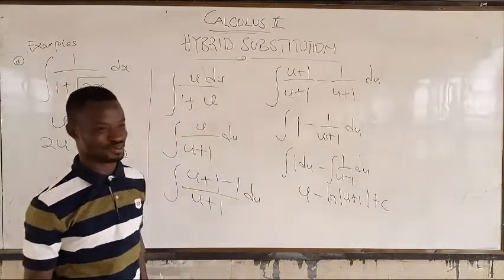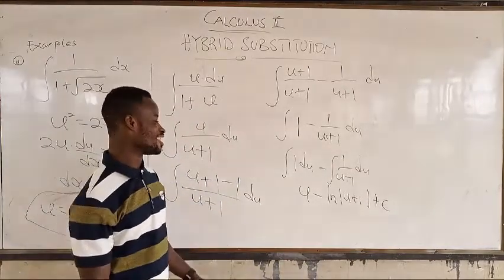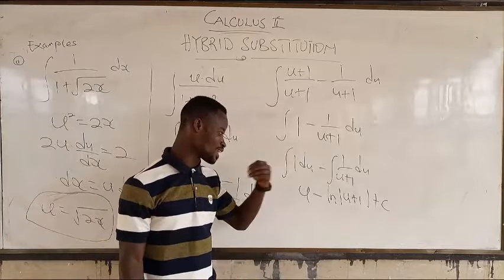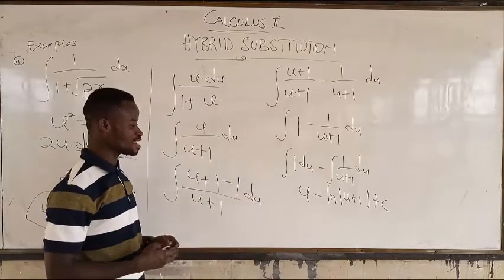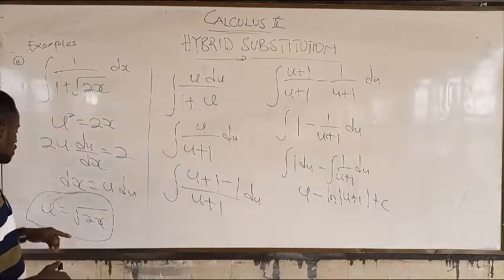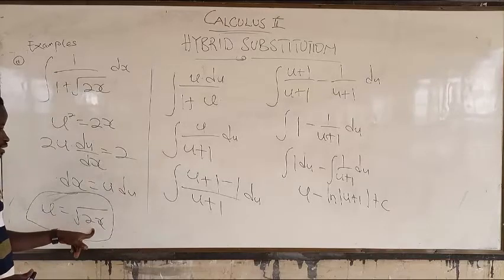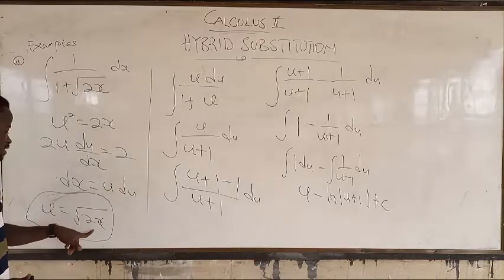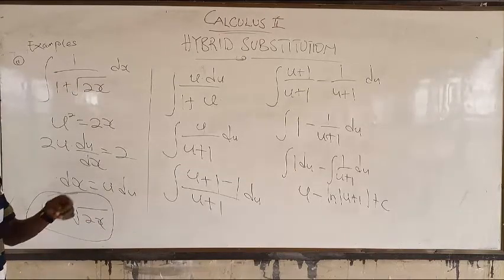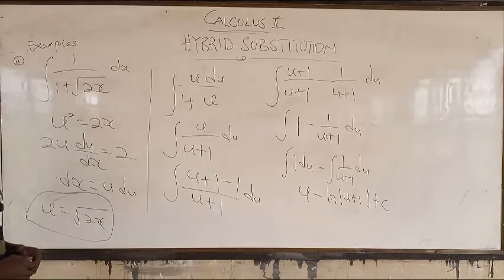That reminds me something, but I won't tell you. Alright, very good. So now, after getting this, we know u is equal to this, right? So after getting this, we now go and substitute our u.